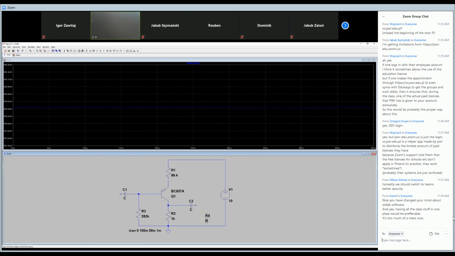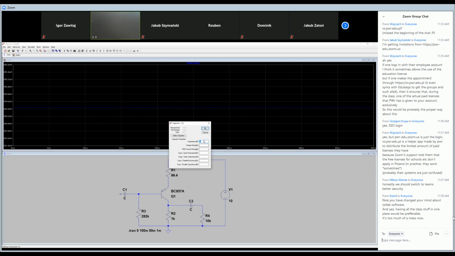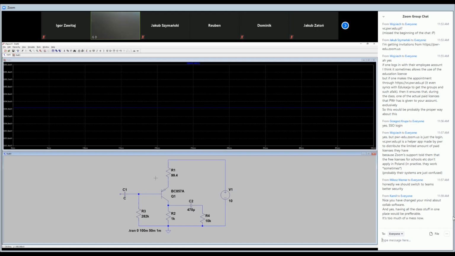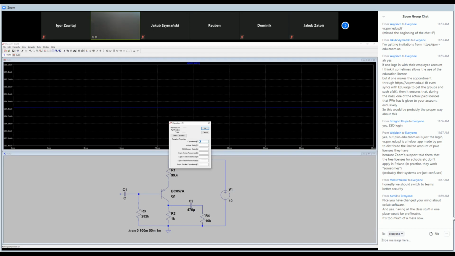This is our output signal and output resistance. Okay. For example, let's put here 10 kilohms, and let's choose 270 microfarads of capacitance.